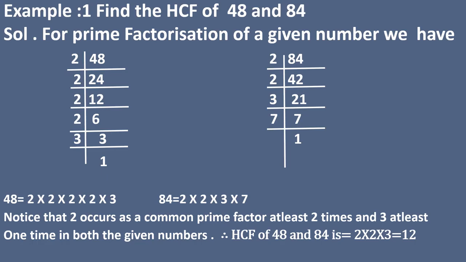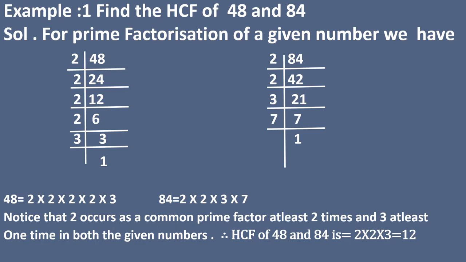So these 2 times you have to take out. 3 comes in both 1 time, so take 1 time 3. 7 comes only in 84 but not in 48, so we will not take the 7. So HCF of 48 and 84 is 2 multiplied by 2 multiplied by 3, which is equal to 12. This is the prime factorization method to find out the HCF.